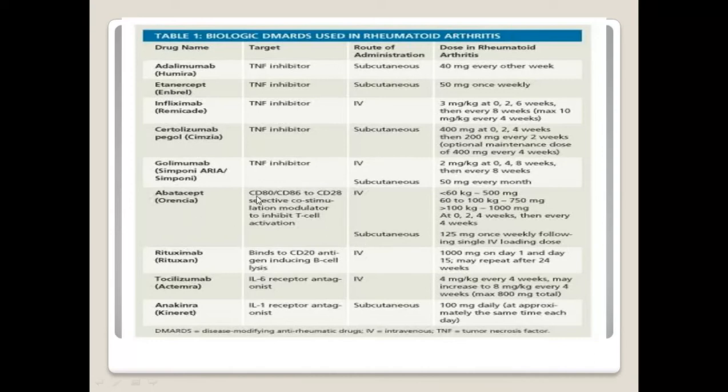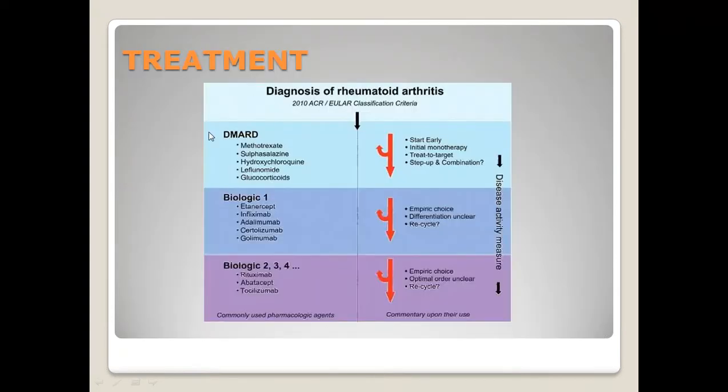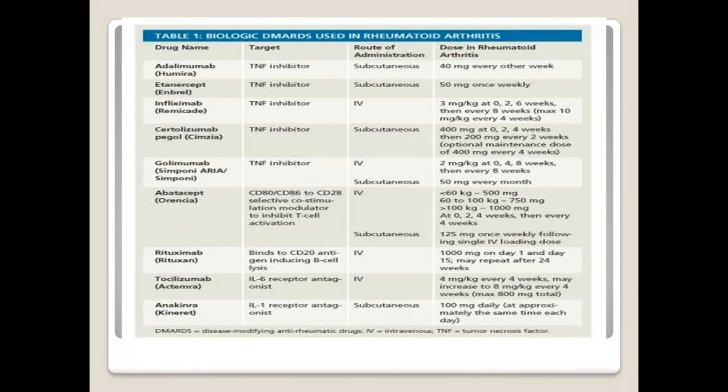So these are the four drugs you can remember: adalimumab, infliximab, etanercept, and rituximab. And the most important here is disease-modifying anti-rheumatic drugs. These are glucocorticoids, hydroxychloroquine, methotrexate, followed by sulfasalazine and leflunomide. Normally, we start with monotherapy. If the condition is not improving, then combination therapy.